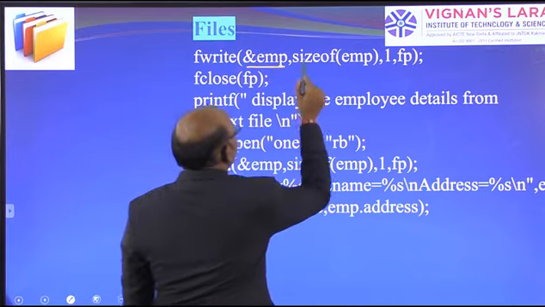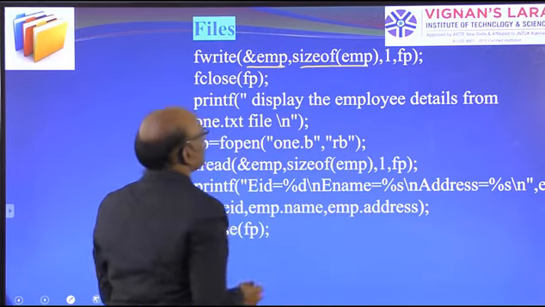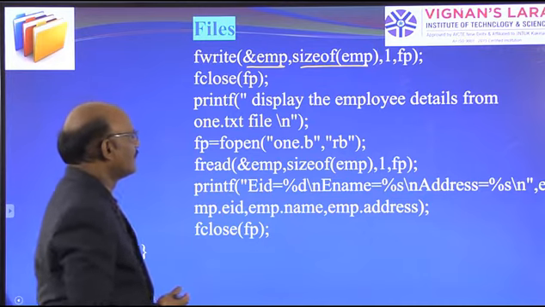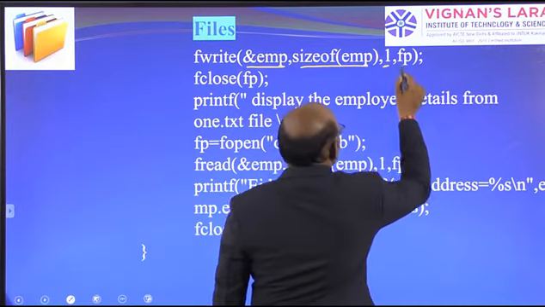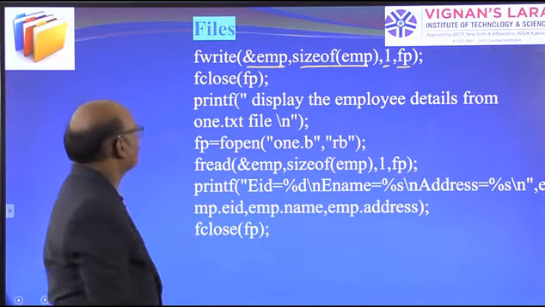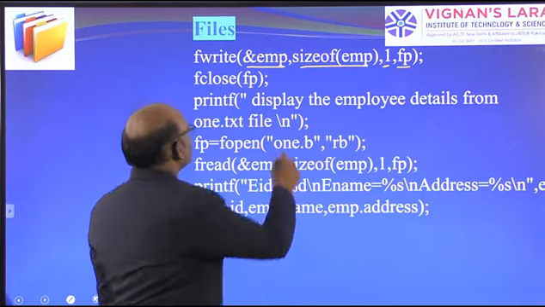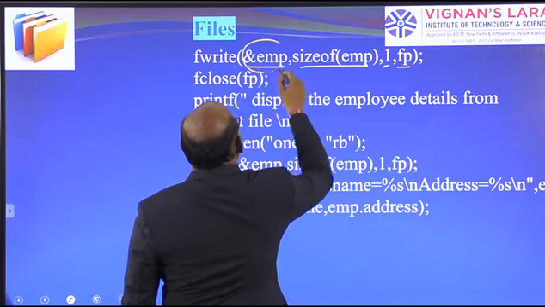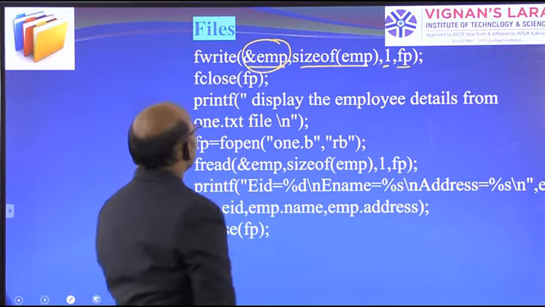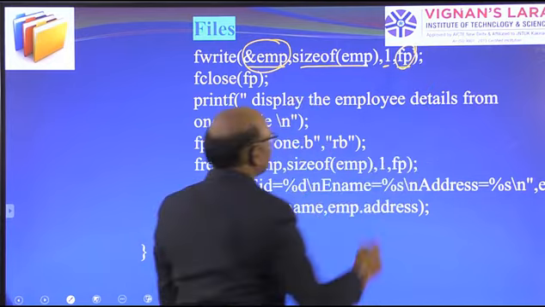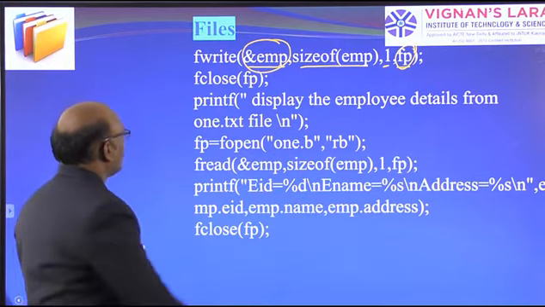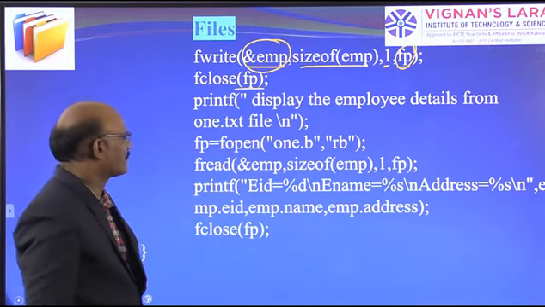So &emp, then sizeof(emp) as the number of bytes. Count is 1. And fp is the file pointer. With the help of this, the data taken from the keyboard for the employee will be written into this file. After that, close the file.